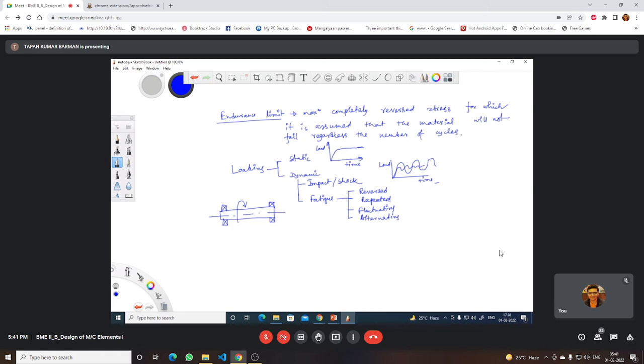As a result, the component will fail at a stress level which is less than the tensile strength, sometimes even less than your yield point stress. So this phenomenon is called the fatigue phenomenon of the material.